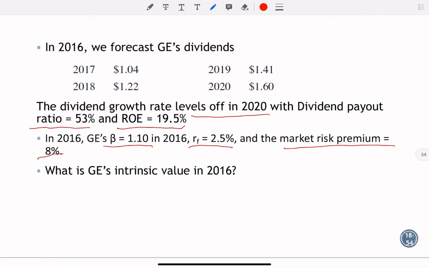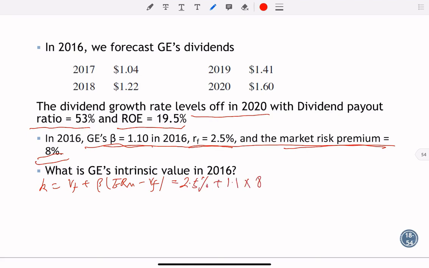So first, let's calculate the market capitalization rate, because this piece of information tells you that you should use CAPM to calculate K. Let's start with K. K equals RF plus beta times the market risk premium. RF is 2.5%, beta is 1.1 times 8%.